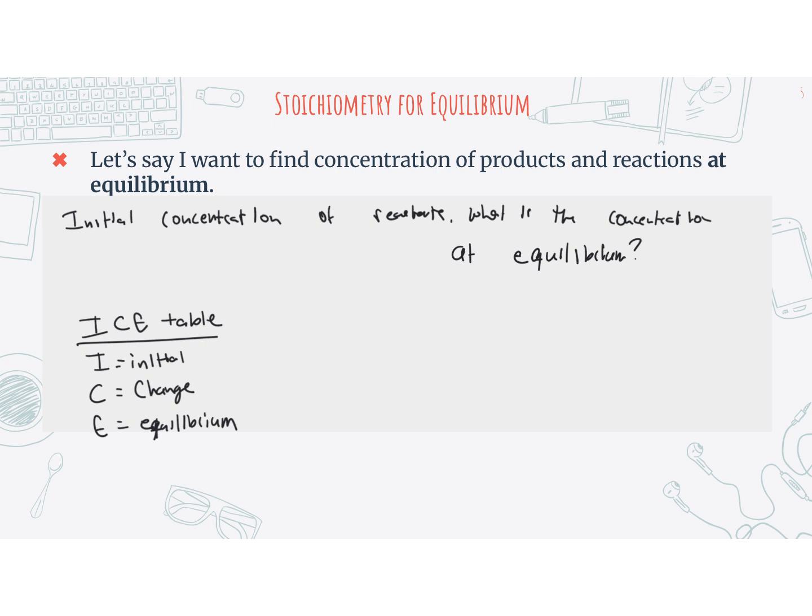You can use these tables in order to diagnose problems like this. Sometimes you'll also see this being written as a RICE table, where ICE stands for the same thing, but the R just means reaction, where first you have to write your reaction. And so we'll use RICE tables, but you may also hear ICE tables, since that's more commonly used as well.